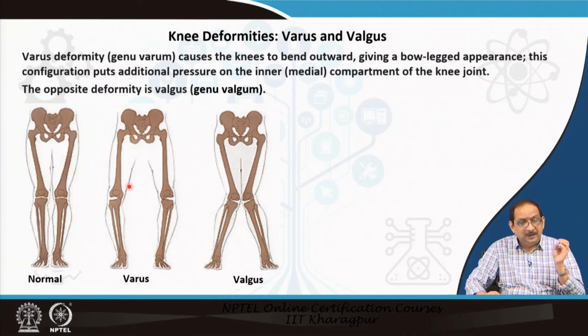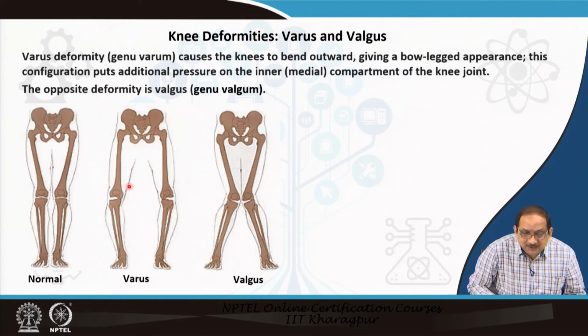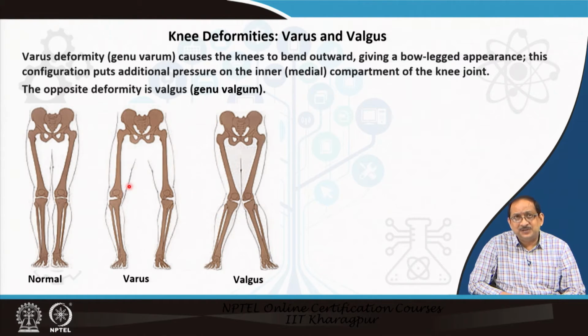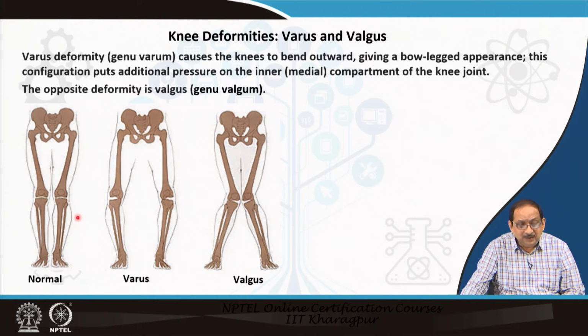Let us now discuss the knee deformities, the varus and valgus knees. You can see on the left hand side, the leftmost figure represents a normal knee.